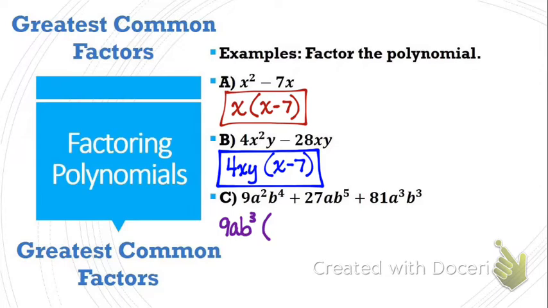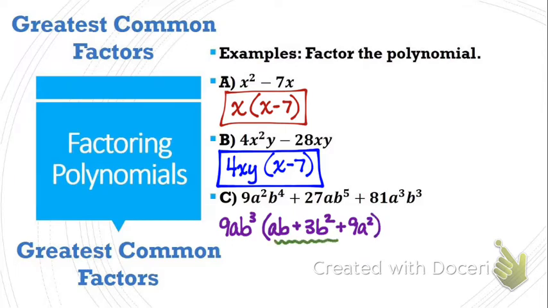What am I going to have left in that first term? ab. Second term, what will I have left? 3b squared. And that third term? 9a squared. Perfect.